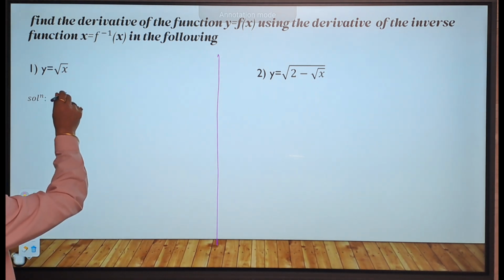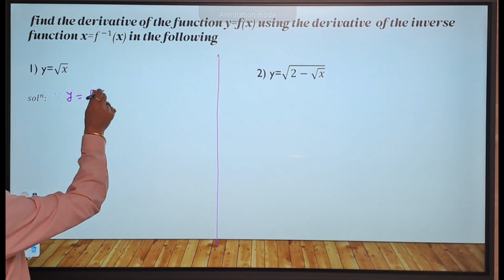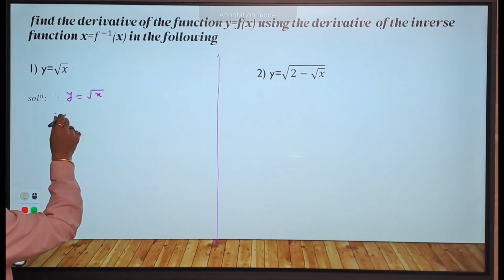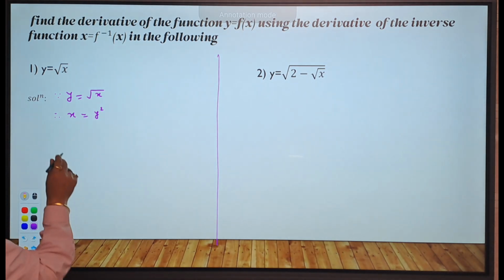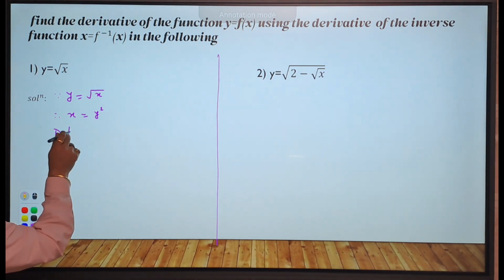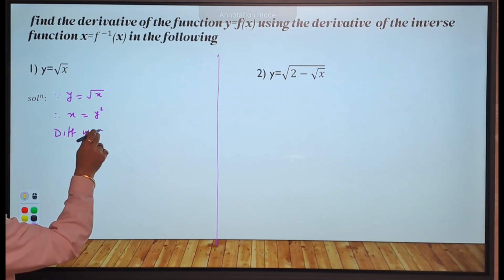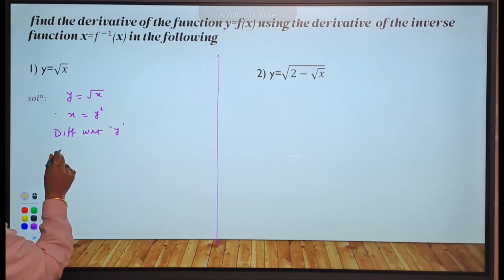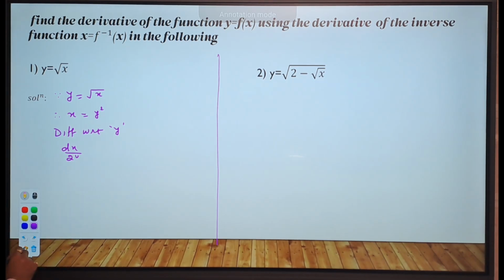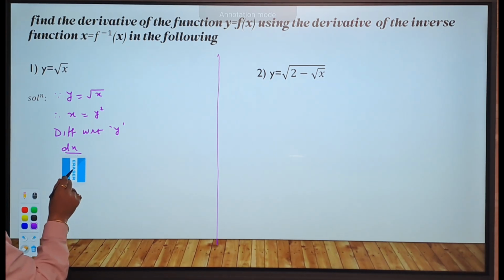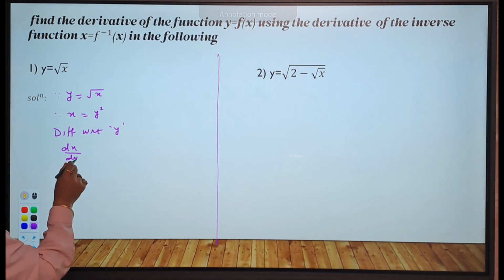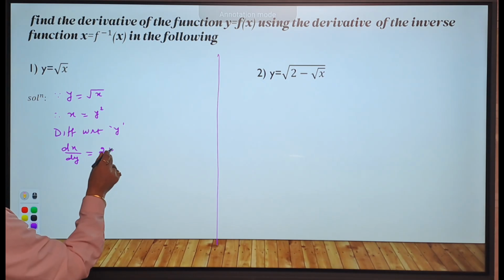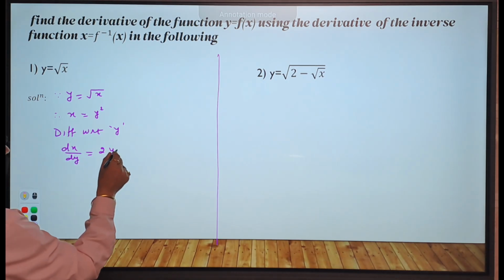Since y is root x, x will be y squared. Differentiating with respect to y, dx by dy is what? 2y, and y is root x.